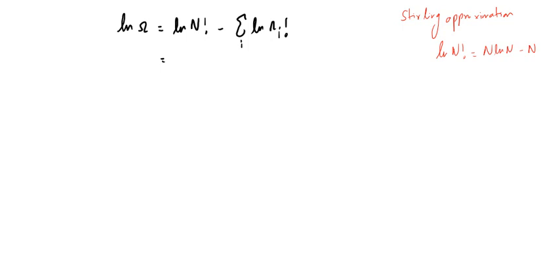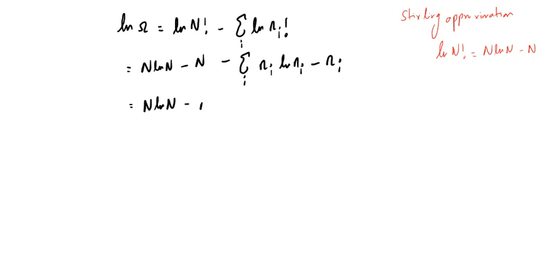So this simply becomes n ln n minus n, and minus summation over i of ni ln ni minus ni.